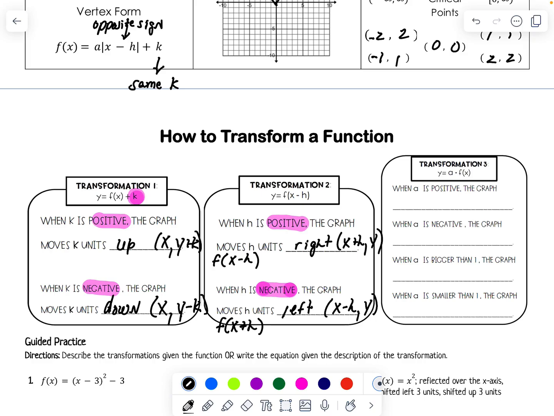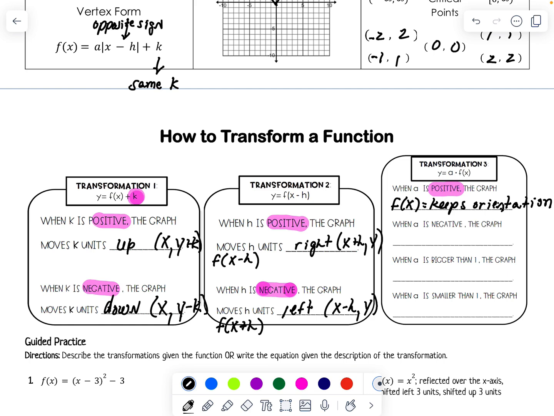All right. So how about a? A does a couple of different things. One is, and I've already talked about this, if a is positive, then your function, your f of x, keeps its orientation. Okay?